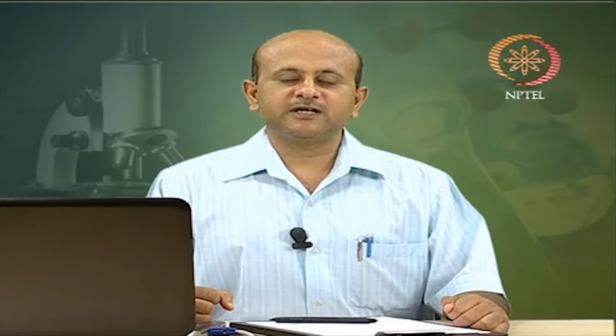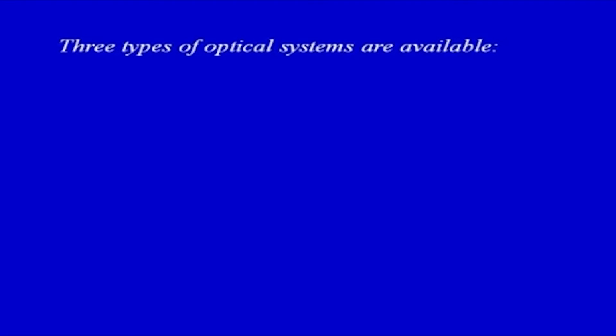It could be concentration based or concentration gradient as a function of radius. In both ways it could be seen, and there are different types of optical systems available, and an analytical ultracentrifuge can come with those kinds of optical systems.